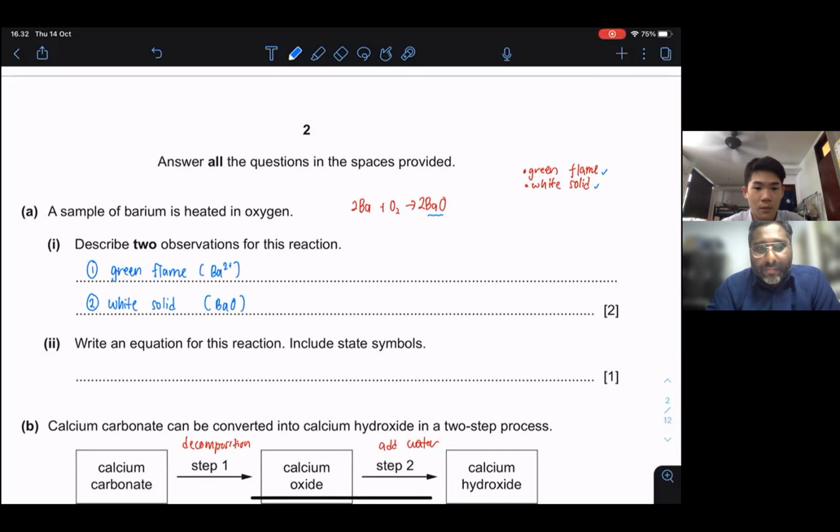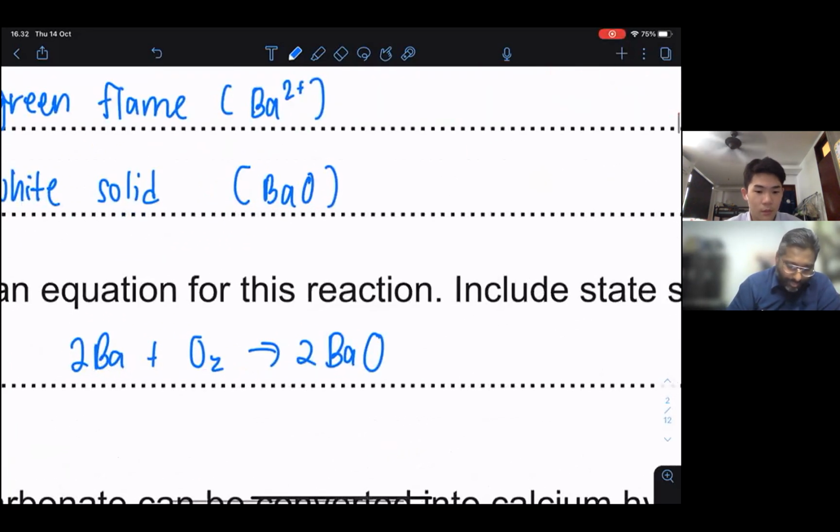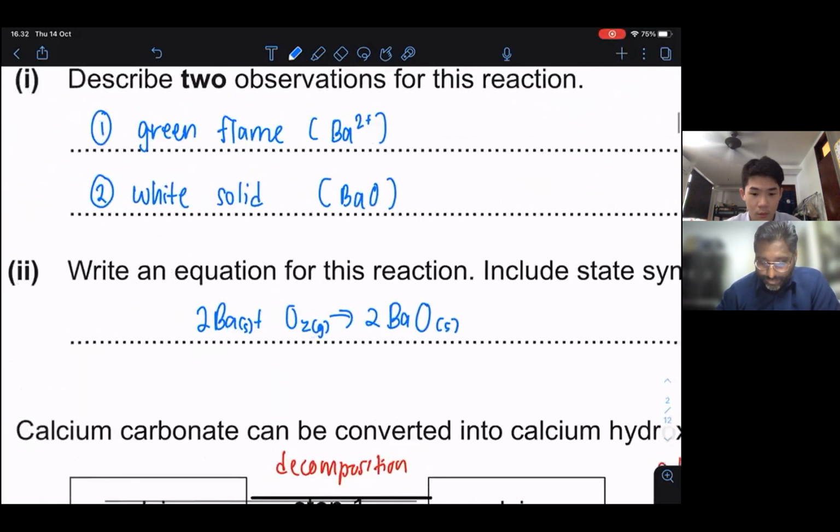Then when they ask you to write an equation for the reaction and include state symbols, I already put the equation, and you just need to write this again. Writing the states is quite simple, because barium is a metal, so solid, oxygen is gas, and this is a white solid, so definitely it's going to be solid. You just need to write like that.